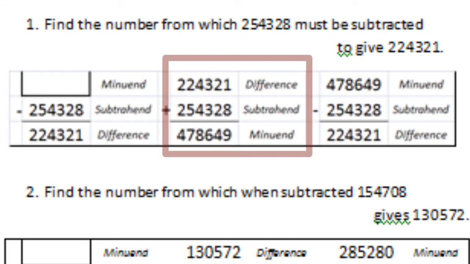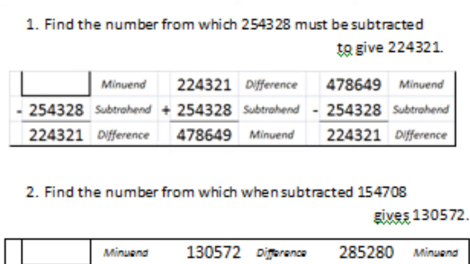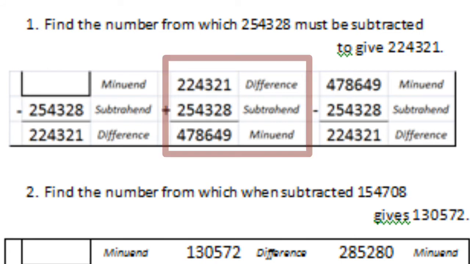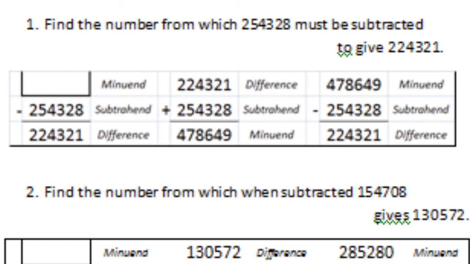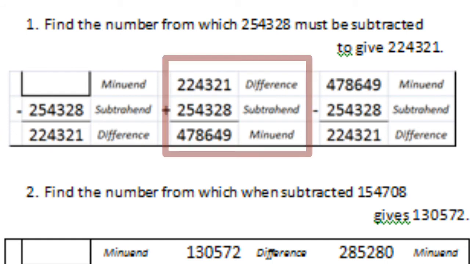The difference, you see, is 2,24,321. Subtrahend is 2,54,328. So the sum is 4,78,649.